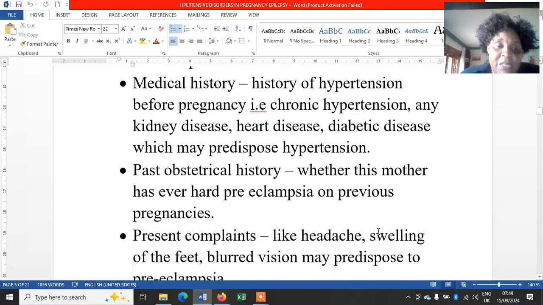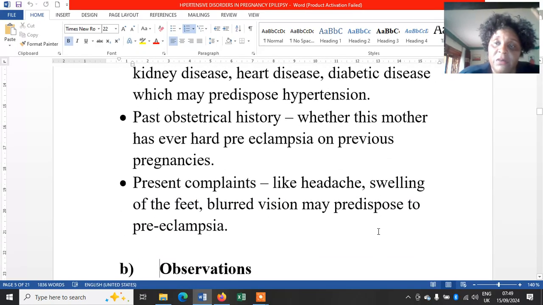Then we go ahead to ask about the past obstetrical history and whether this mother has ever had pre-eclampsia on previous pregnancies. Remember, this mother may be normotensive or this mother may be hypertensive at around 20 weeks, but we say that gestational hypertension usually resolves after 3 months of puerperium.